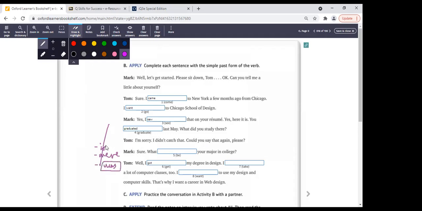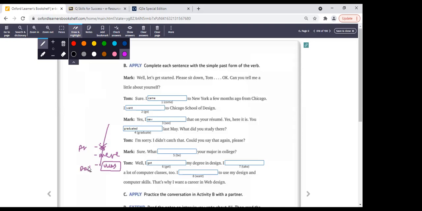Why is it was and not is? Because it's past. Is and was are both single, but is is present, and was is past. We want the past.